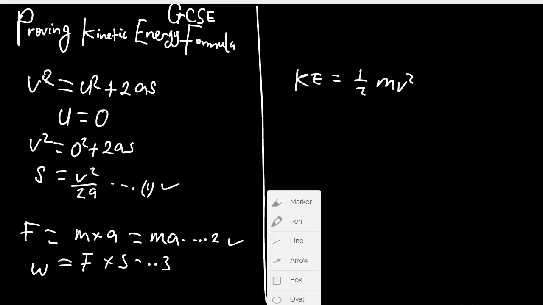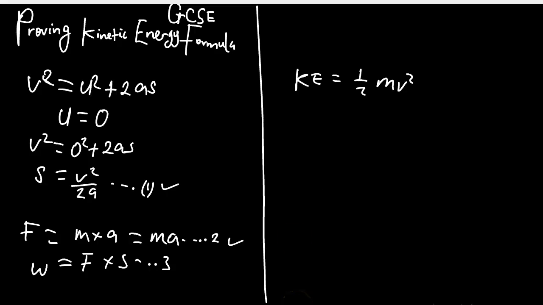Let's now come this side. If I just draw a line here, we can simply continue from there. Now you simply substitute equations 1 and 2 into equation 3, right?